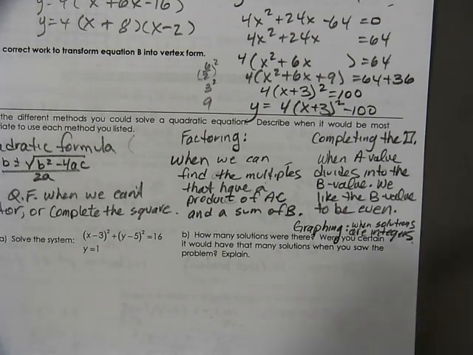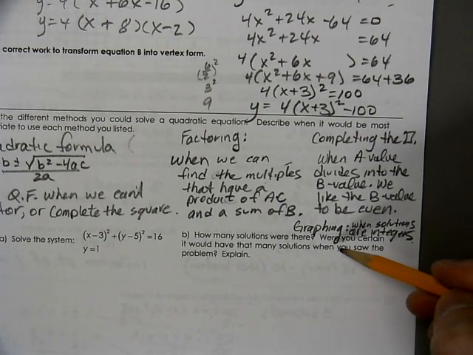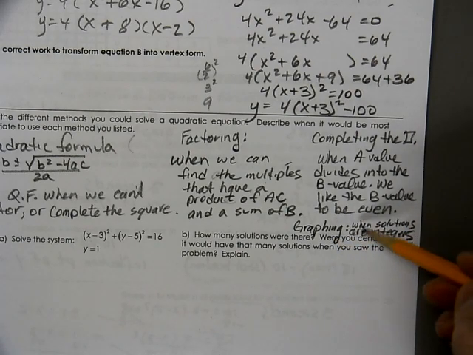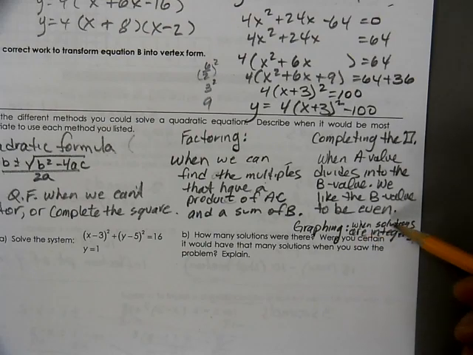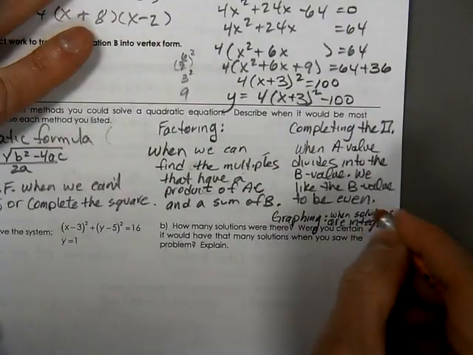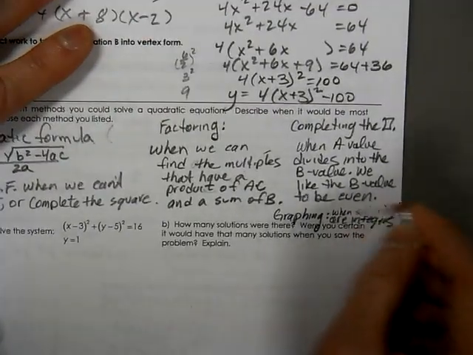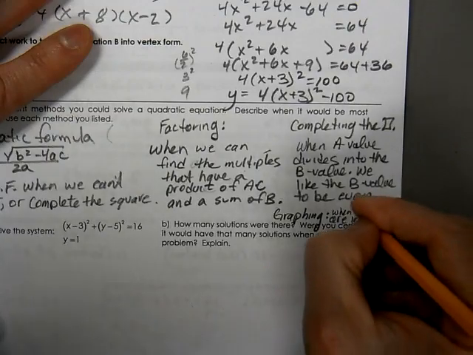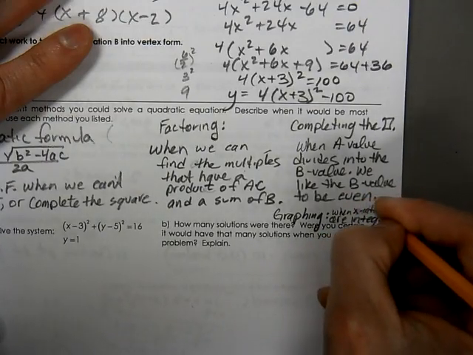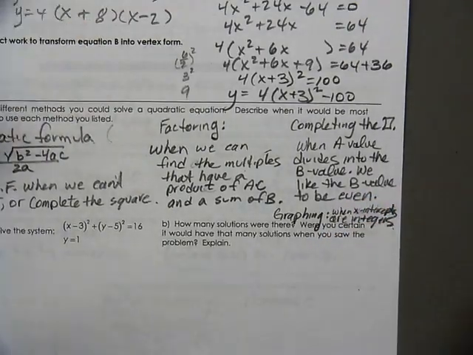But graphing works. You're looking for the x-intercept, so maybe that's even better than solutions. When x-intercepts are integers, those are the solutions. When the x-intercepts are integers, positive or negative numbers.